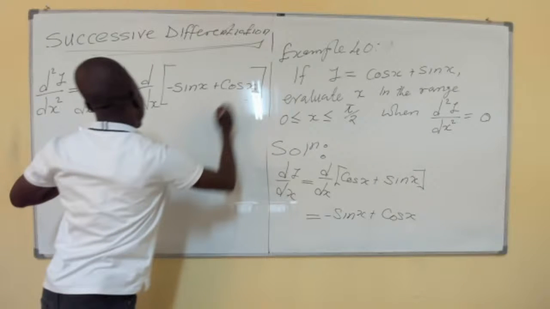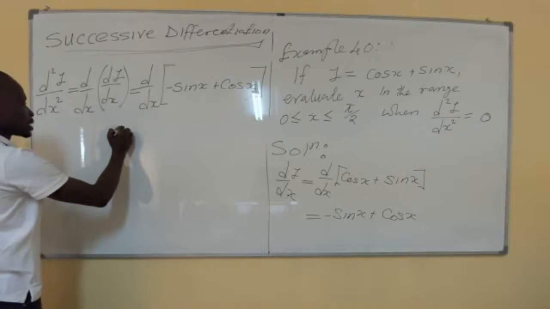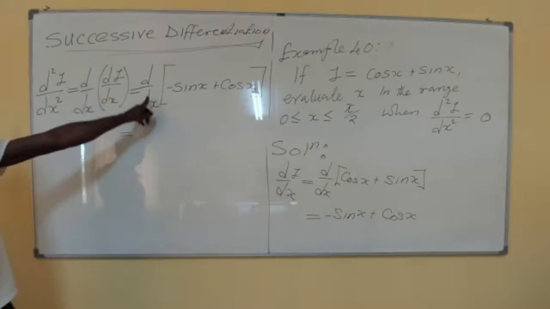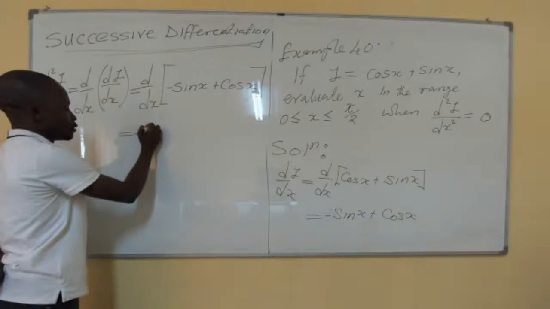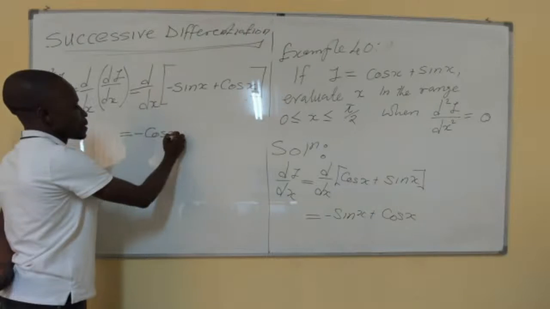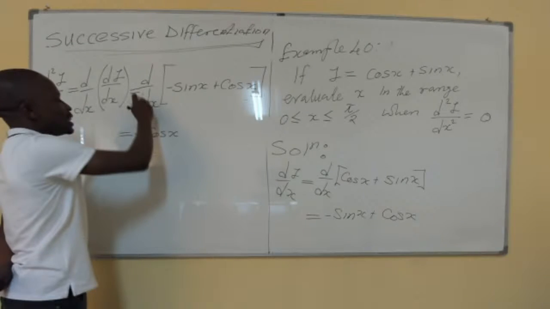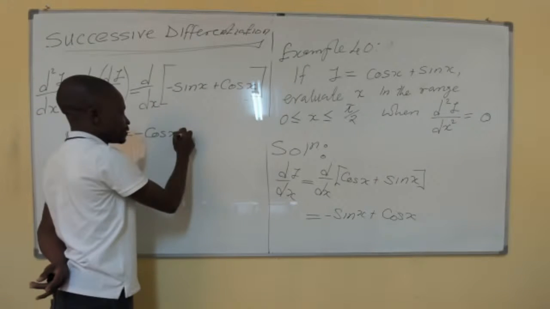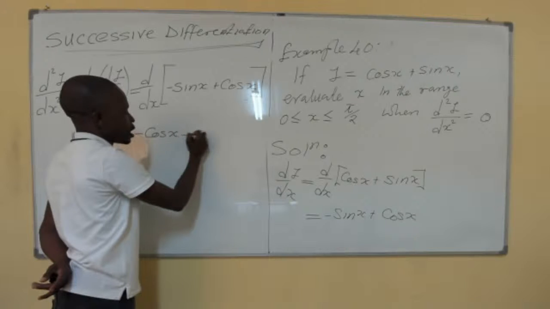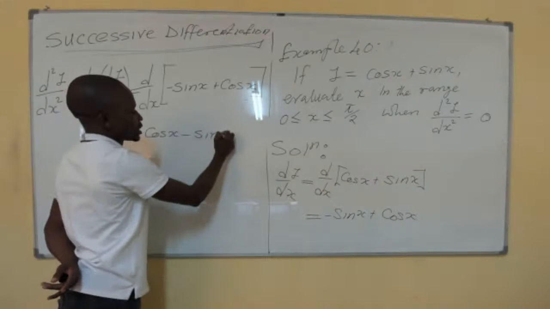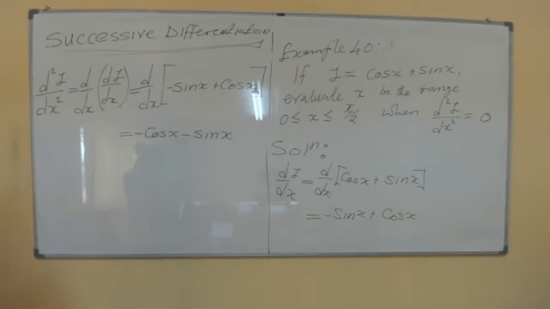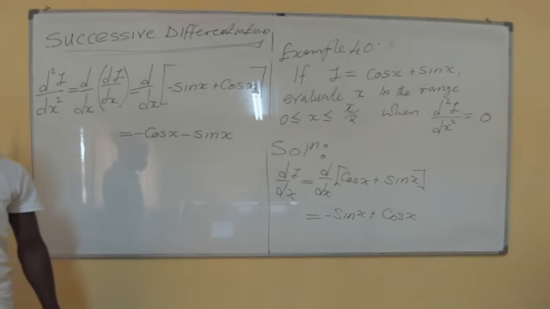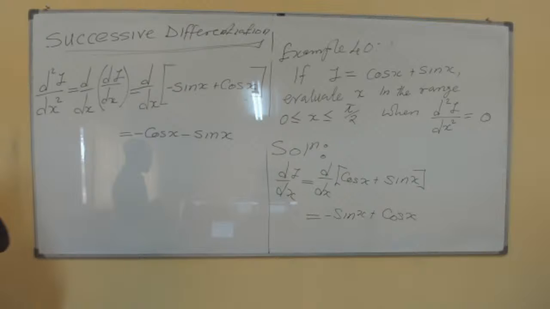So this gives us the derivative of negative sine x, which is the negative of cosine x. Then the derivative of cosine of x gives us the negative of sine x. So this is what we are going to get.